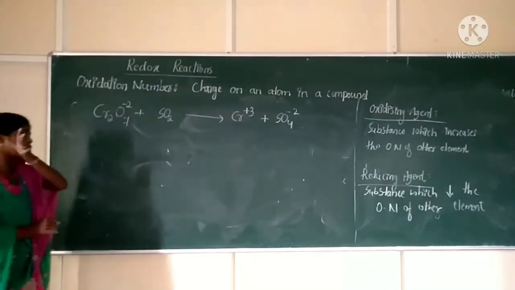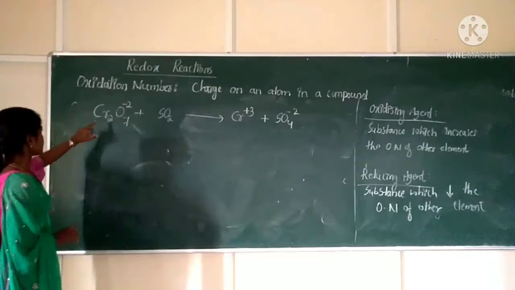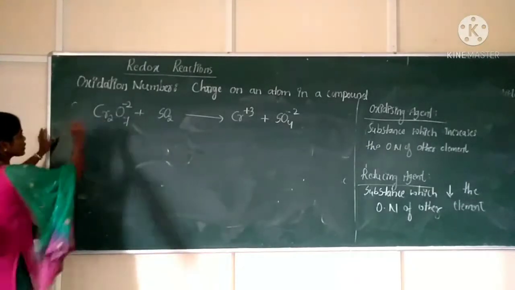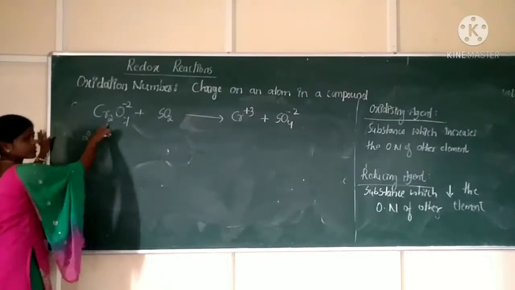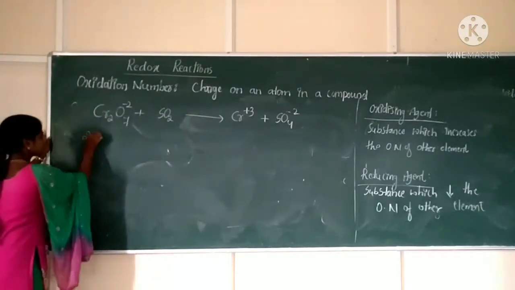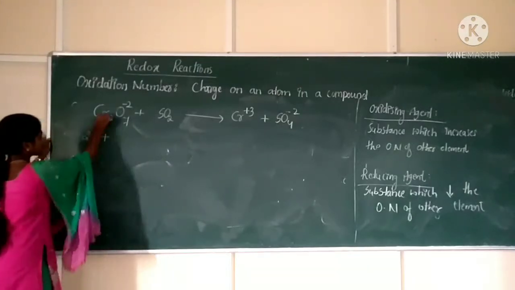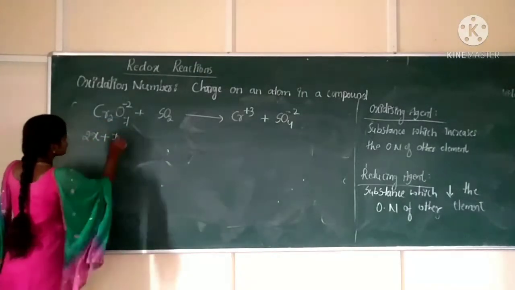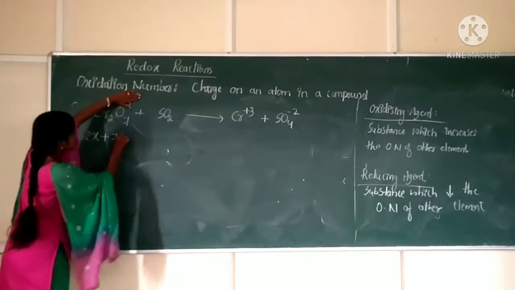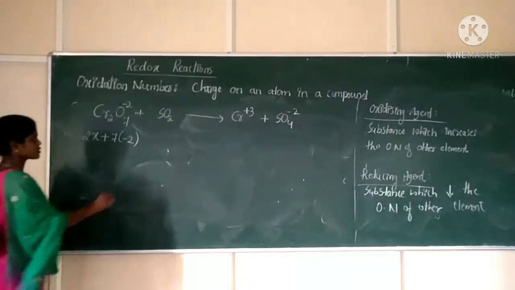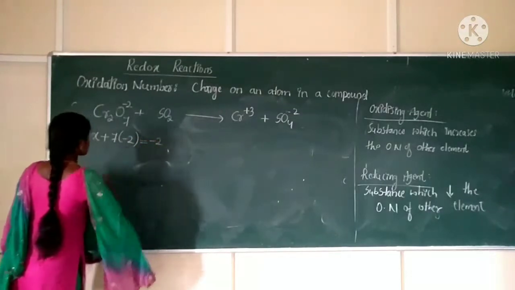First check whether it is a redox reaction or not. So find the chromium oxidation state here. How many chromium atoms are there? 2 chromium. We don't know the oxidation number, so take it as x: 2x plus 7 times the oxidation state of oxygen, which is minus 2. What is the charge of the molecule? Minus 2, which is equal to minus 2.